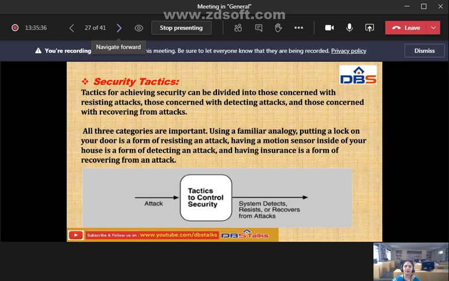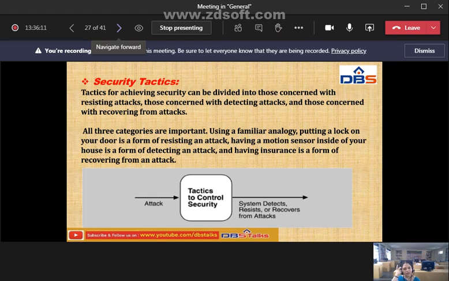The tactics for achieving security can be divided into those concerned with resisting attacks, those concerned with detecting attacks, and those concerned with recovering from attacks. That is the main motto of security.